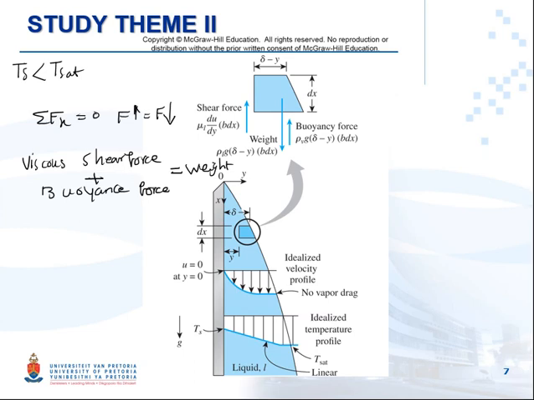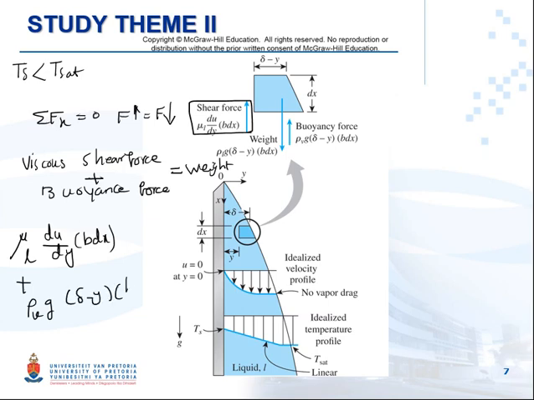What is the viscous shear force? Do you remember that? It's mu L du/dy times b dx. Plus, I said, the buoyancy force, so density, gravity, and b dx again.